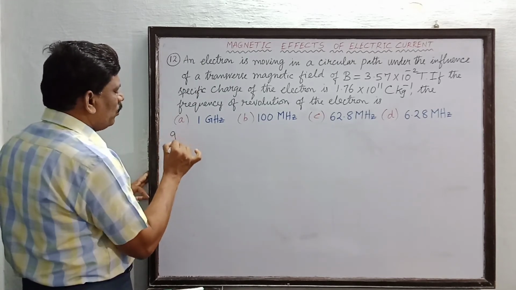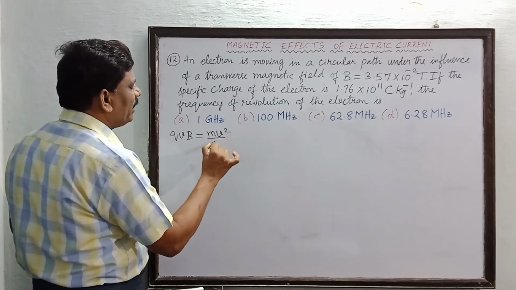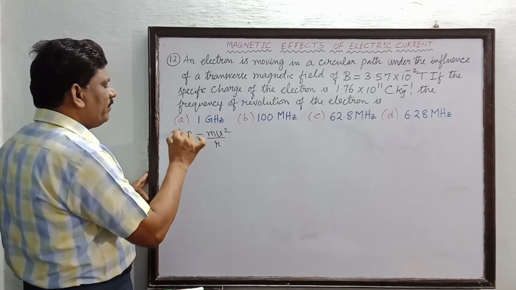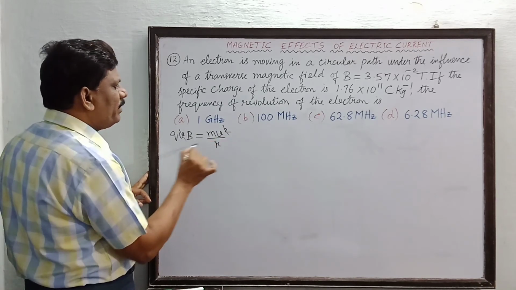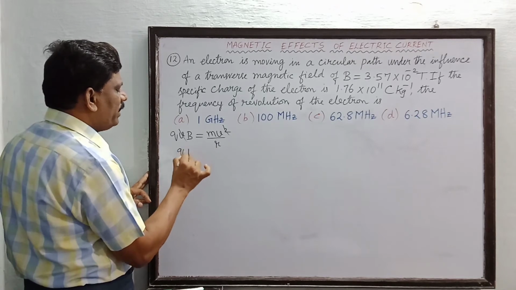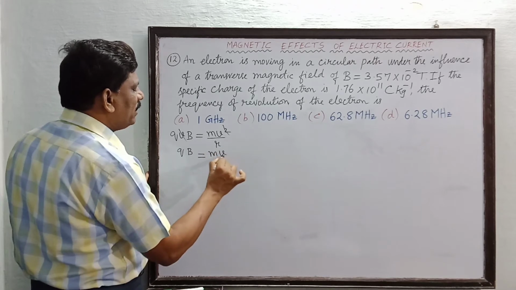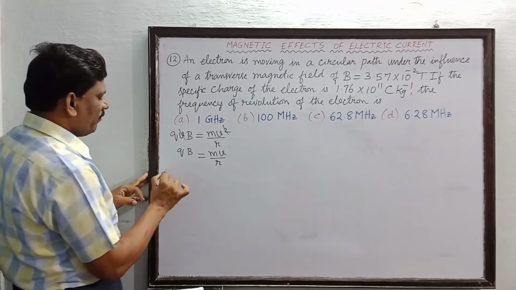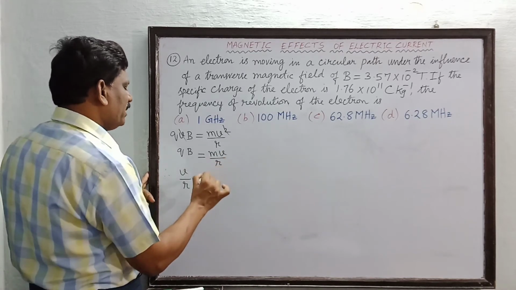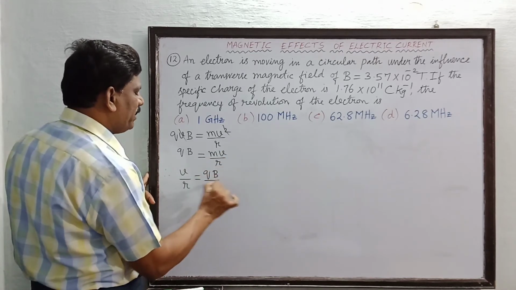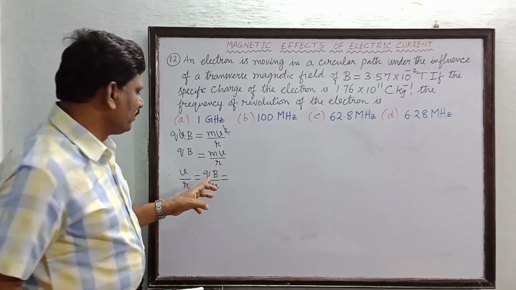So here qVB is equal to mV square by R. So this V and power get cancelled. So this is QB is equal to MV by R. Therefore the ratio V by R is equal to QB divided by M. So here this Q is the charge of the electron, is it not?